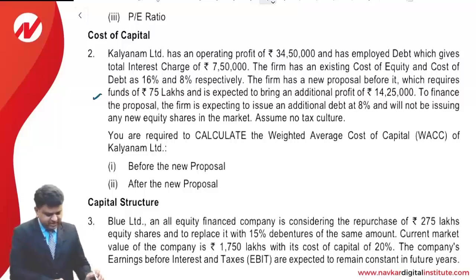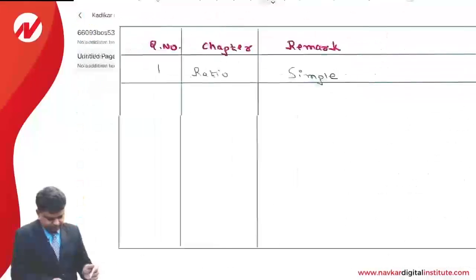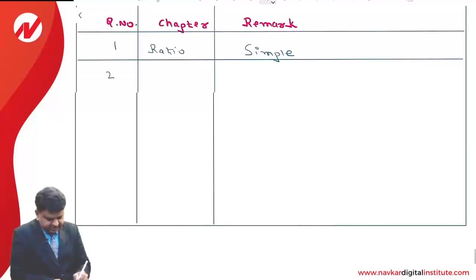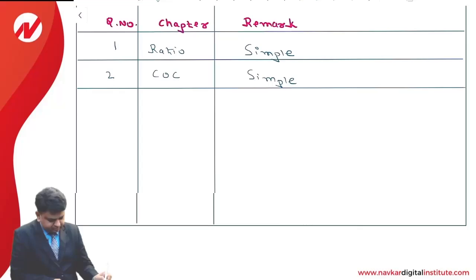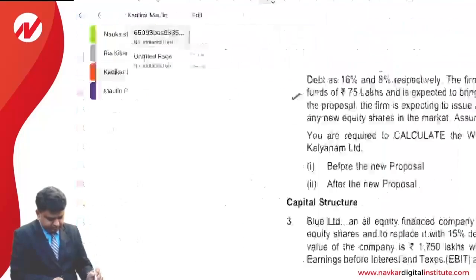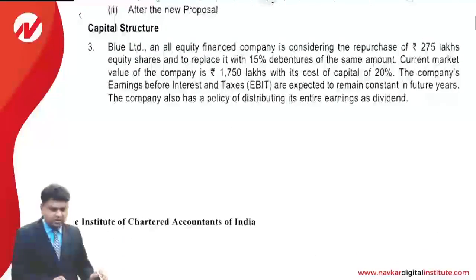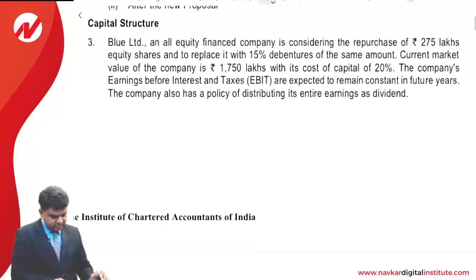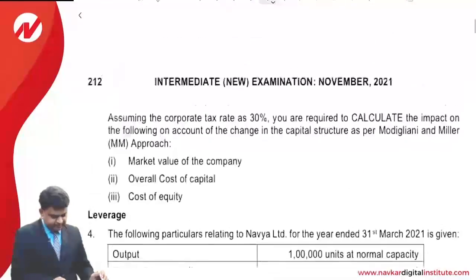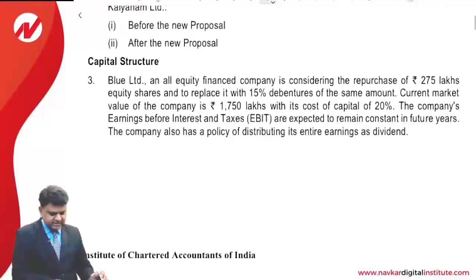Not something great or very difficult to do. So the second question is cost of capital. Again, it is a simple question. Next, the capital structure, again a simple question.